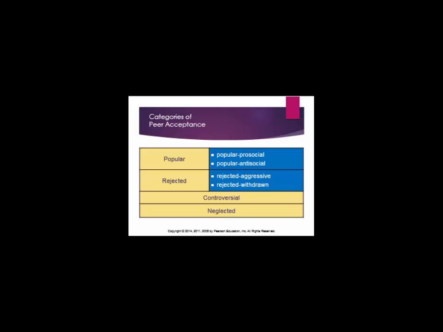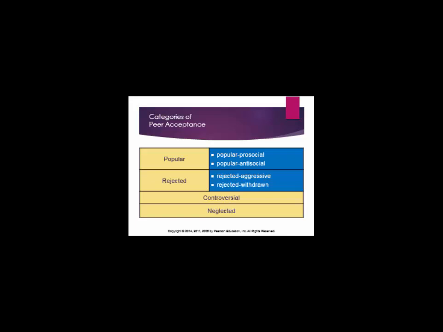It would also include the relationally aggressive boys and girls who enhance their own status by ignoring or excluding or spreading rumors about other children. Your prototypical popular antisocial child would be someone like Regina George from Mean Girls.